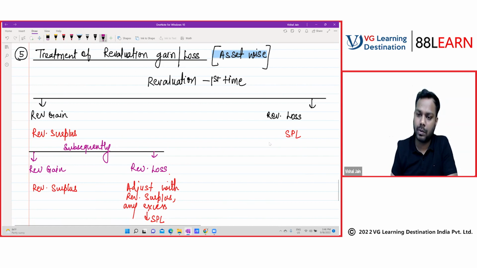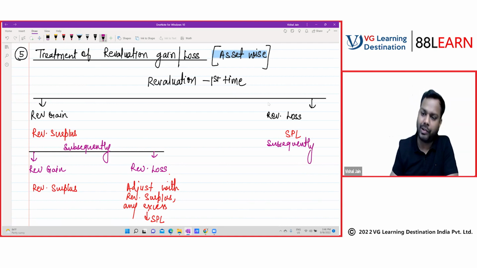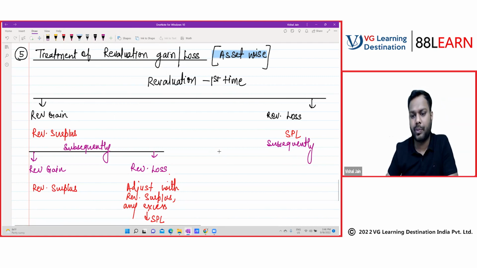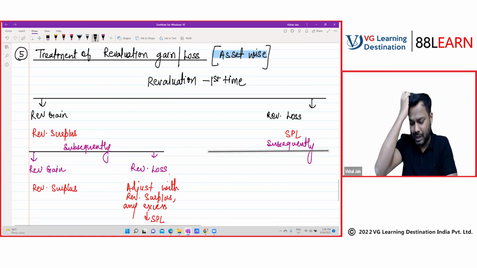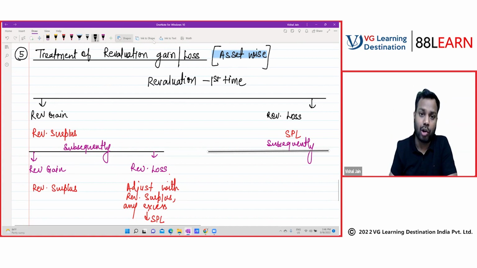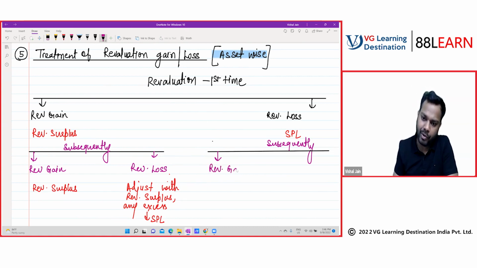Now, what about this one? First time we had a loss, but subsequently again we can have gain or we can have loss. Though I'm drawing a chart for this, it all depends upon logic. Totally logic based. It can be revaluation gain subsequently and revaluation loss subsequently.